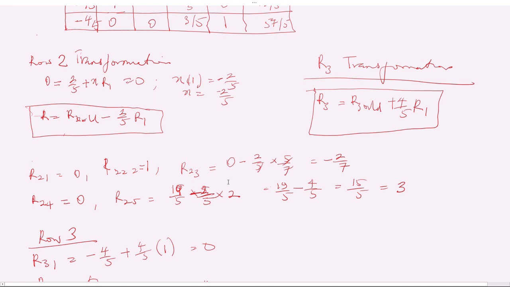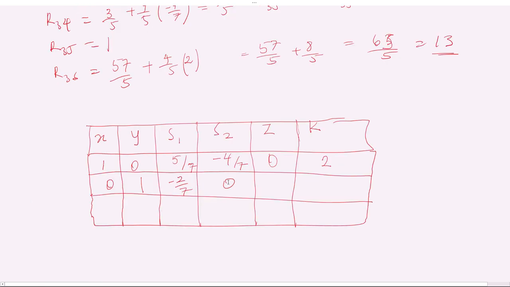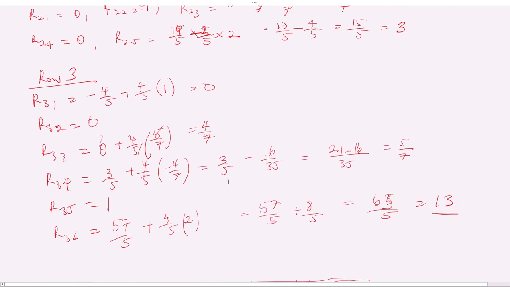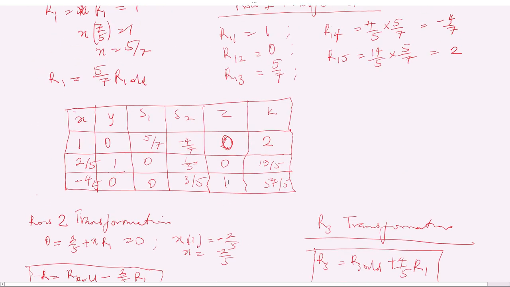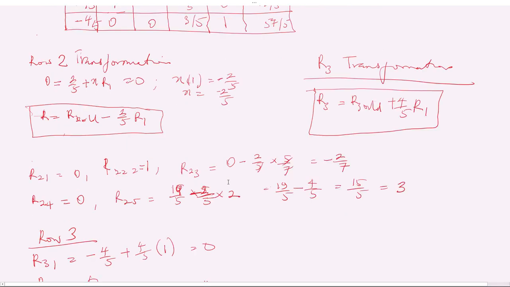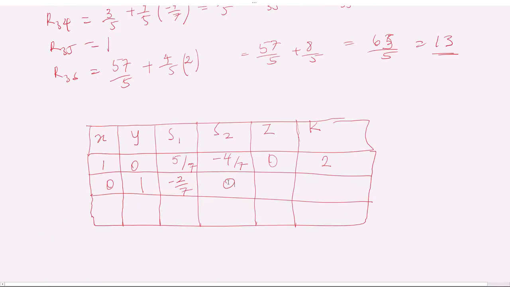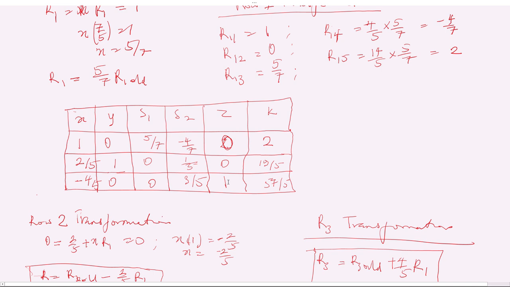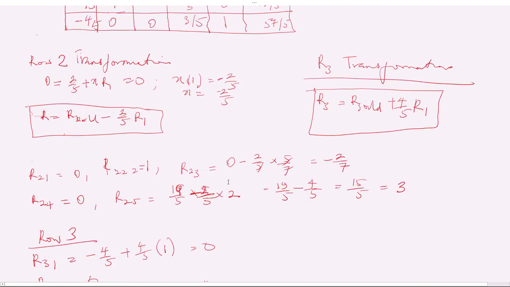I did for R2 1, R2 2, which is 1, R2 3. What is R2 3? That's based on the transformation I did. That would be 0 minus 5 over 7. This minus 2 over 7, I did that. Then R2 4, that's the one that has to do with 1 over 5.